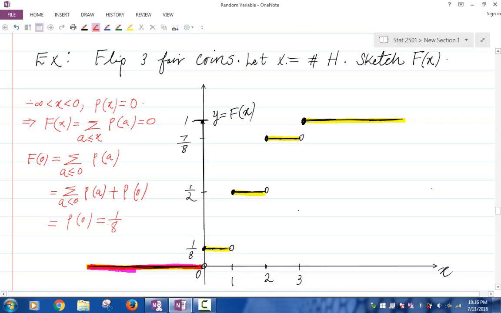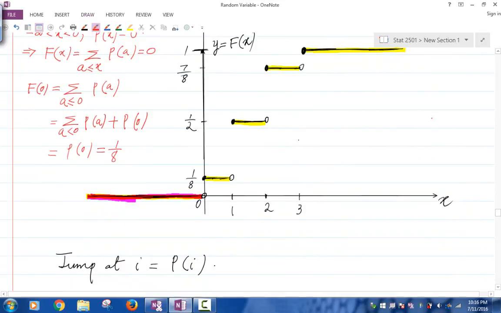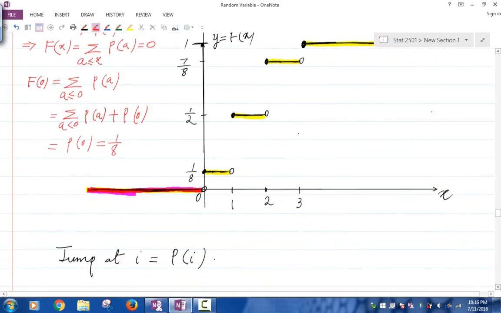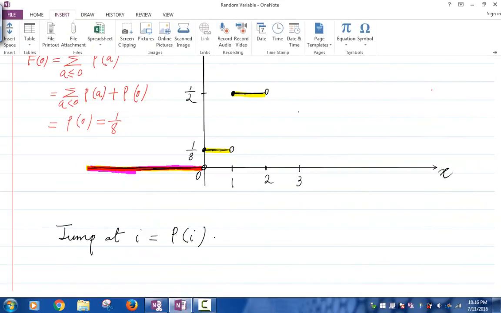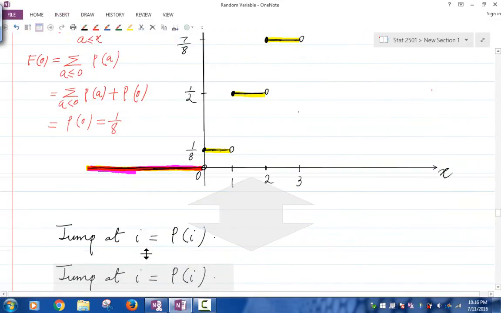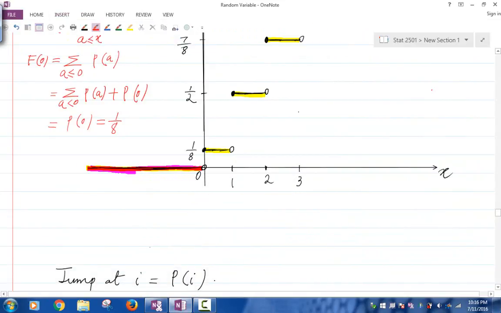Now, think about when x is between 0 and 1. So x is greater than or equal to 0 and strictly less than 1.